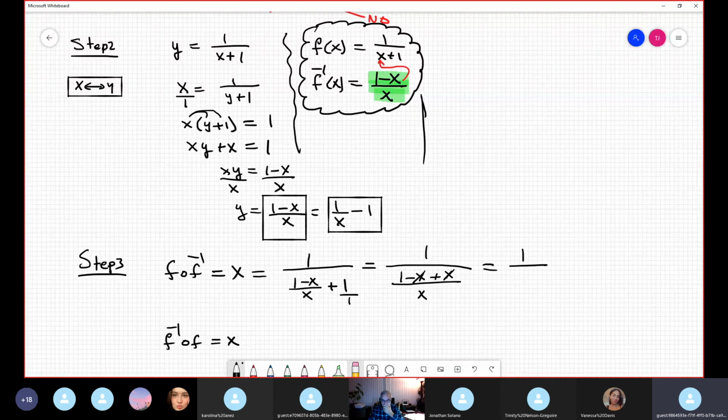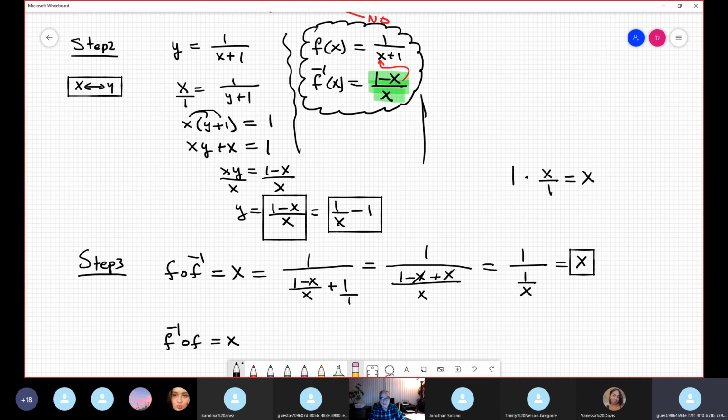And we have 1 over x. The reciprocal of the reciprocal is flipped: 1 times, flip it up, x over 1 is x. And this is the answer we expect, the identity. Wow, fantastic. Okay, let's do it in the opposite direction.